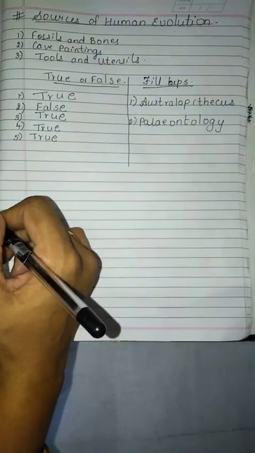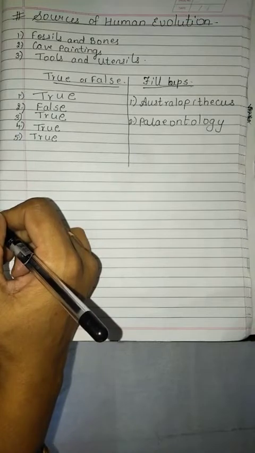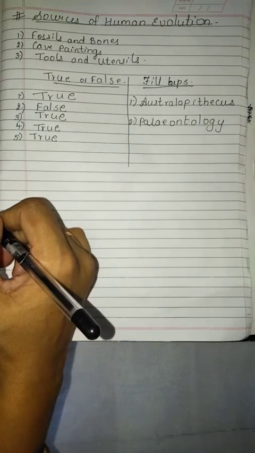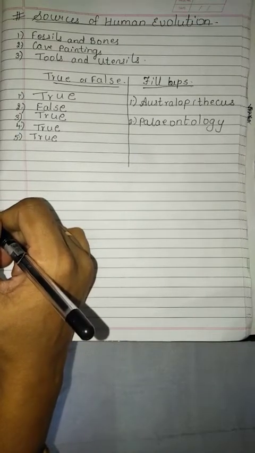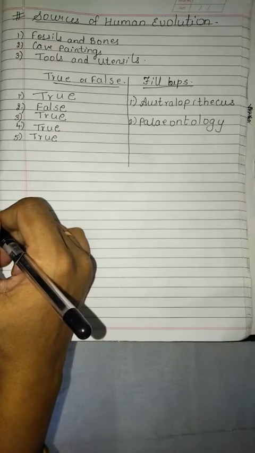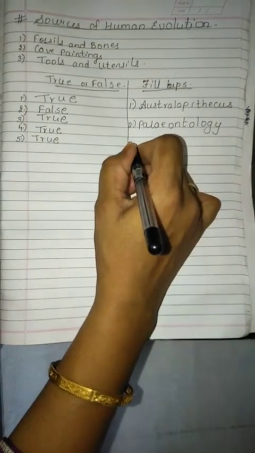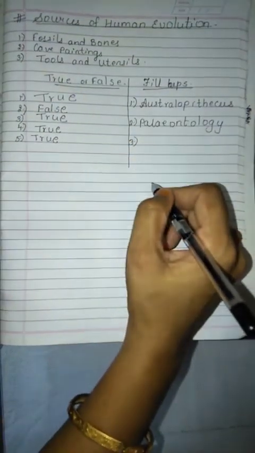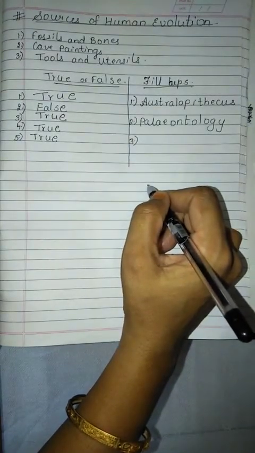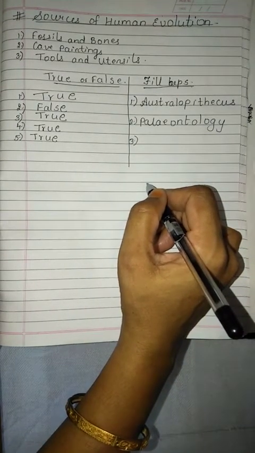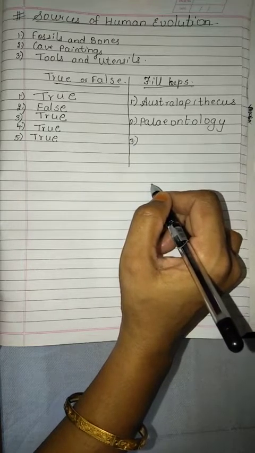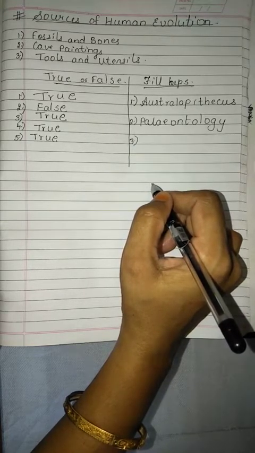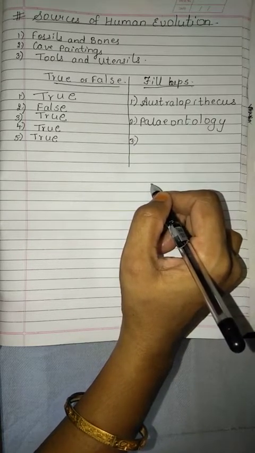I repeat, paleontology. Third fill-up: dash and bones were the main source of evidence that helped to trace the evolution of human beings.